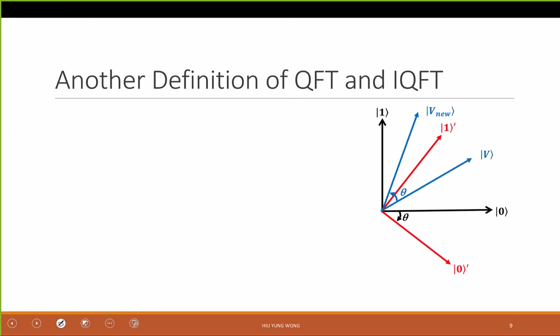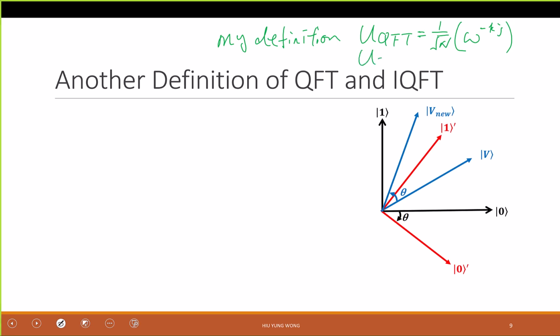Derive it. Now, I just want to warn you, this is very, very important. I've been telling you the quantum Fourier transform, in my definition and also many people's definition, is this: the matrix is 1 over square root n with omega to the power negative kj, kth row, jth column.